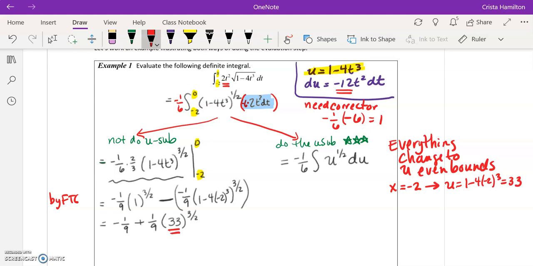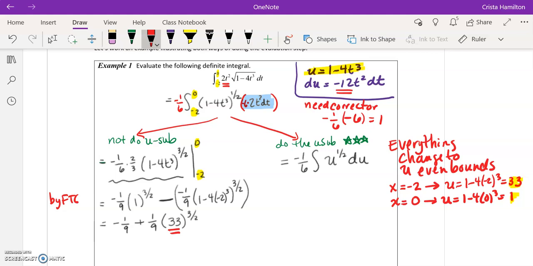So we're front-loading a little bit of that arithmetic. And then t equal to, my other bound was 0. If I plug that in, 1 minus 4 times 0 cubed is 1. So what's going to happen now is we're going to change the bounds. The bounds have to be in the same variable that you are doing.